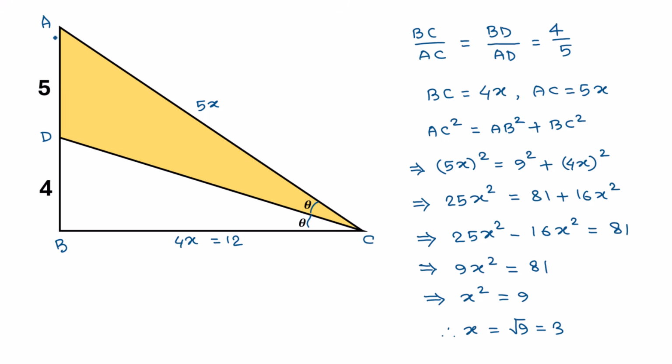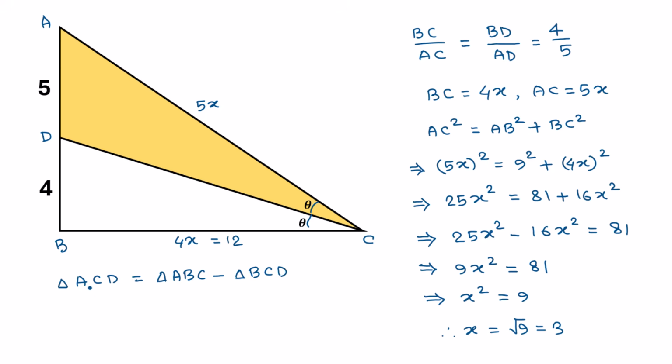Now, the area of triangle ACD, this yellow area, is equal to the area of triangle ABC minus the area of this white region, which is triangle BCD.